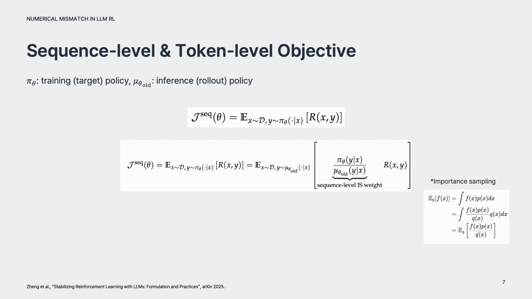Importance sampling allows us to estimate expectations under a target distribution by sampling from a different distribution and re-weighting the samples by the ratio of their probabilities. This provides an unbiased estimator of the target expectation.